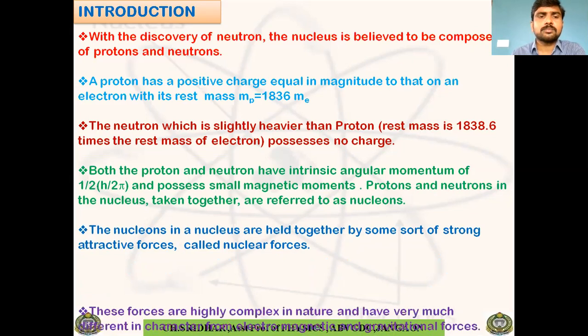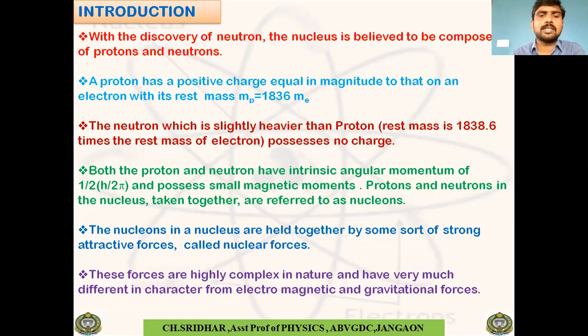These forces are highly complex in nature and very different in character from electromagnetic and gravitational force. So this is the gist, or the synopsis, that we are going to discuss in the present lecture.